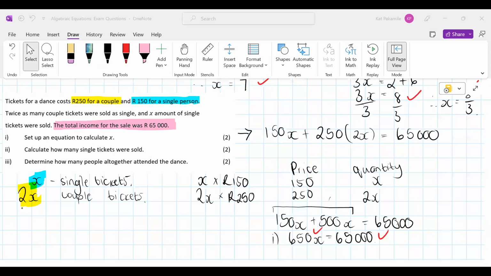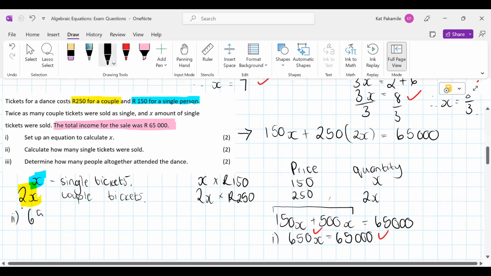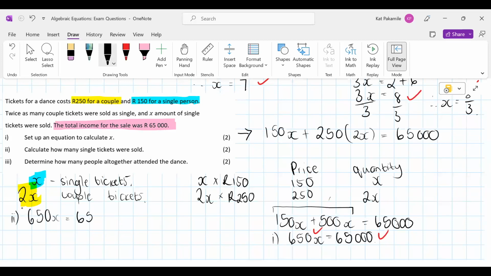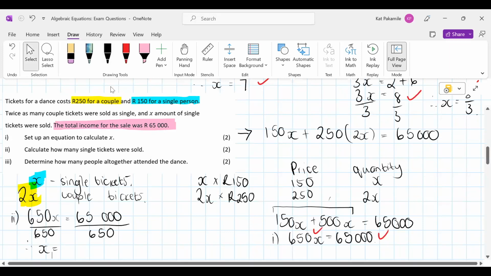So for number 2, number 1 said just set up the equation. Number 2 says solve it. So then 650x is equal to 65,000. You divide by 650. Therefore, X is how much? X is 100.